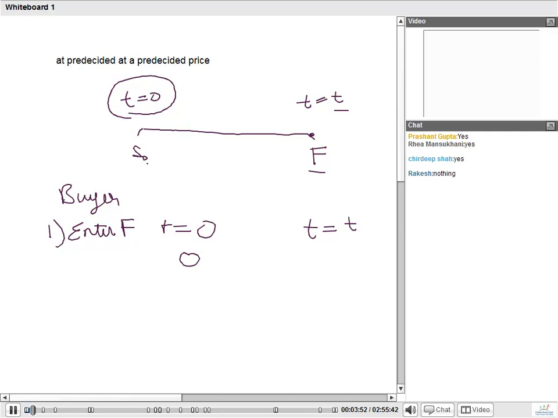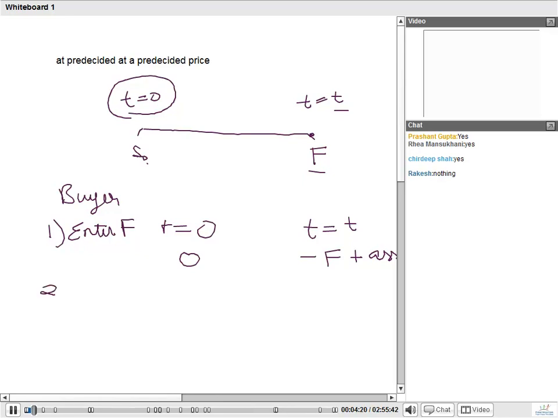So the agreement is that at a time t equal to t, I will gain the asset and pay a price of f. So at t equal to t, I will pay f and gain the asset. That's what the buyer can do by entering the forward contract. So there will be no upfront payment. However, at maturity, he'll have to pay f to acquire the asset.